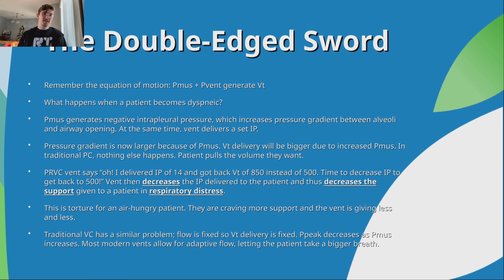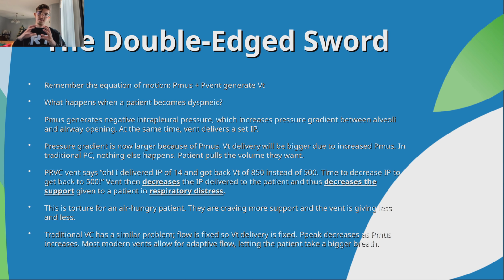Normally, in a passively ventilated patient, you have an alveolar pressure of 5, and you have an inspiratory pressure of 19, let's say, like 14 plus 5, right? So you have a pressure gradient of 14. Well, what happens is when the patient's effort increases, now they're starting to do this.